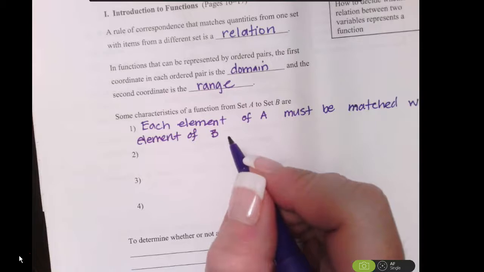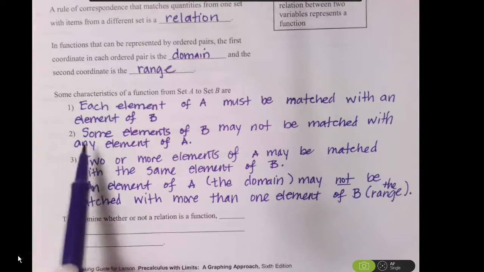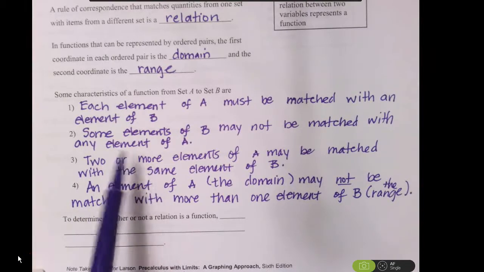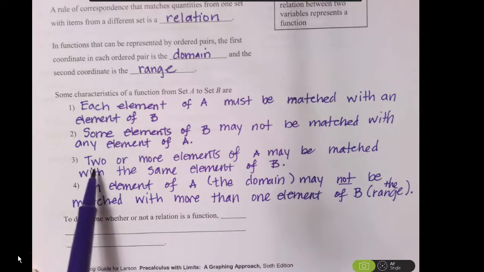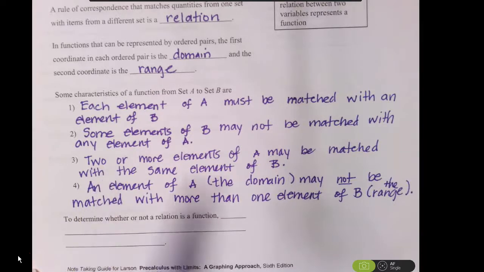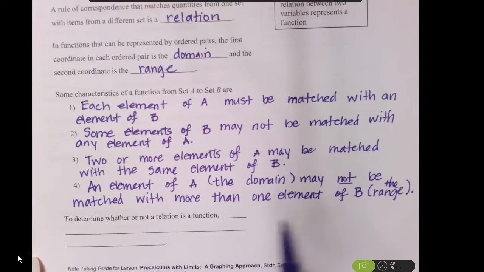I'll pause here and you can get them, you can pause as well. Okay, so number 2, some elements of B may not be matched with any element of A. Part 3, 2 or more elements of A may be matched with the same element of B. And number 4, an element of A or the domain may not be matched with more than one element of B, and that's the range.